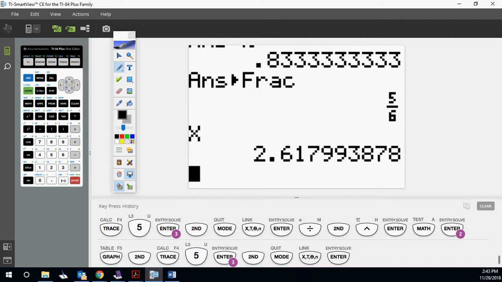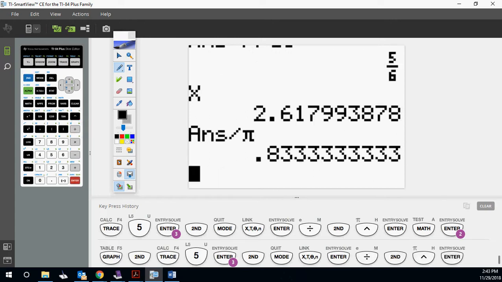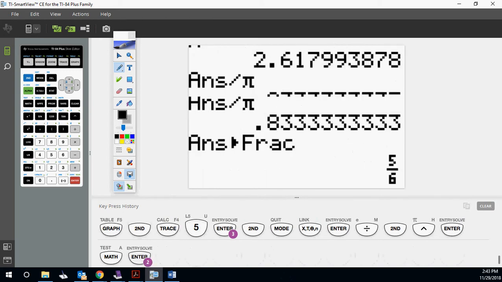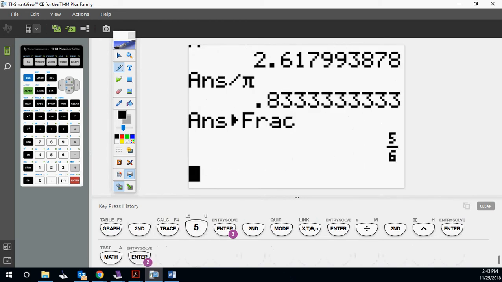It gets that 2.61 for you. Divide by pi. Enter. This is the value in radians with pi taken out. So it's the fraction that pi is being multiplied to. Math, fraction, enter. 5 over 6. So that means that location is 5 pi over 6. Okay? All right.